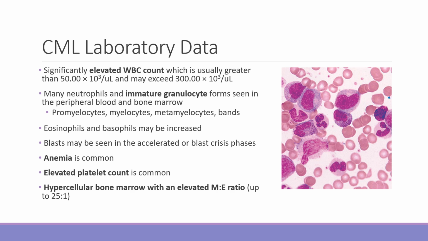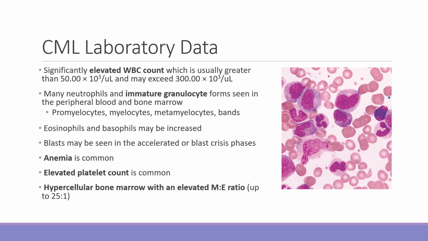When you think of CML, we're talking about more mature cells in chronic myelogenous or myelocytic leukemias. This simply means that maturation is happening, but we're not looking at 80 or 90% blasts like we would in an acute leukemia.